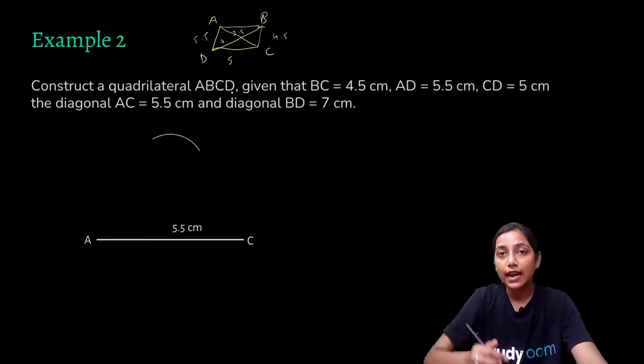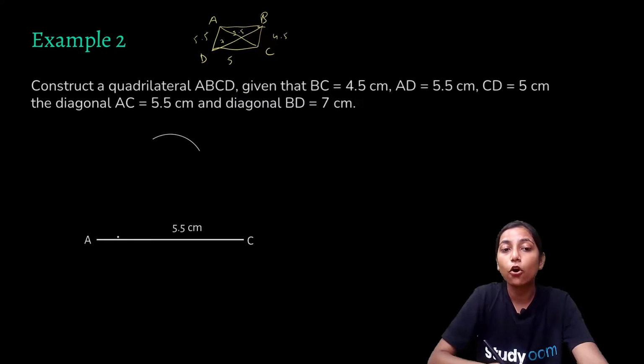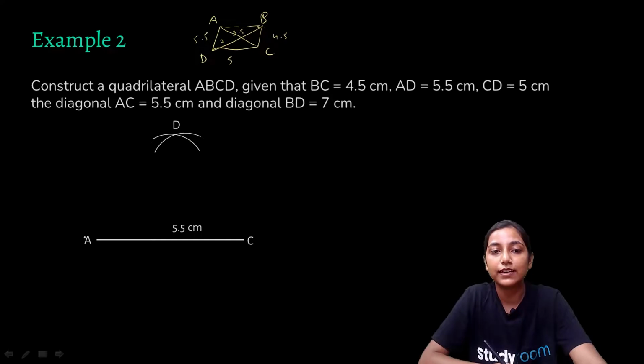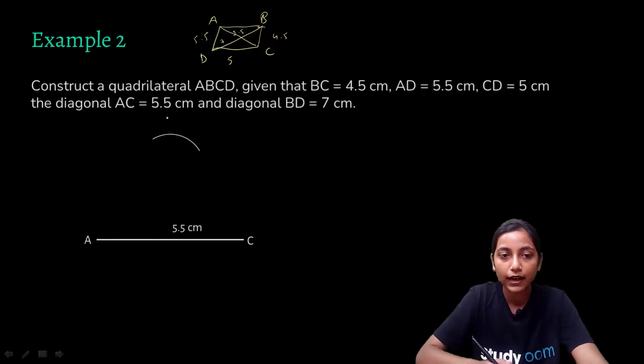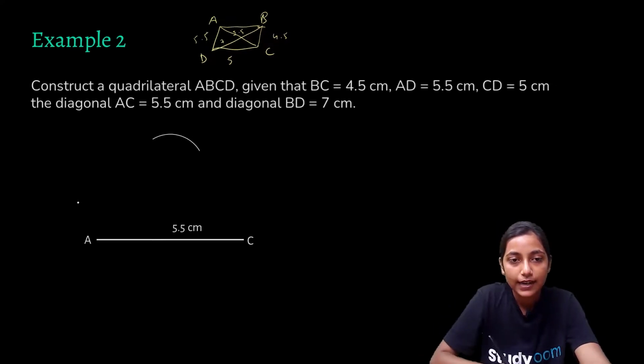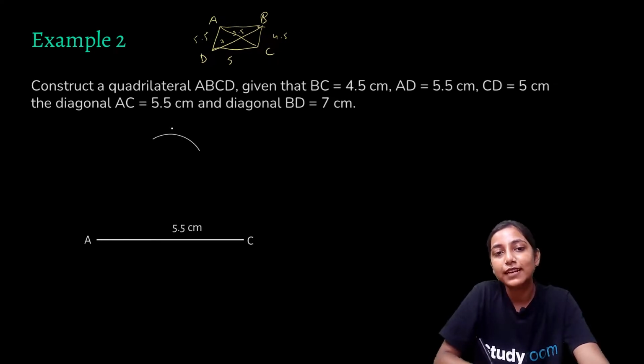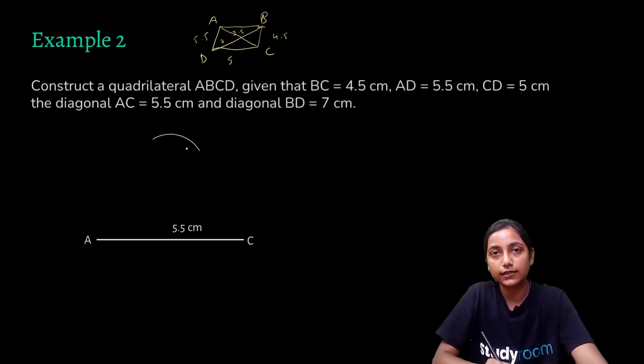Now take A as the center and draw an arc. AD was given to us as 5.5 centimeters. So taking A as the center, draw an arc of 5.5 centimeter radius. So the point D is going to be somewhere on this arc.